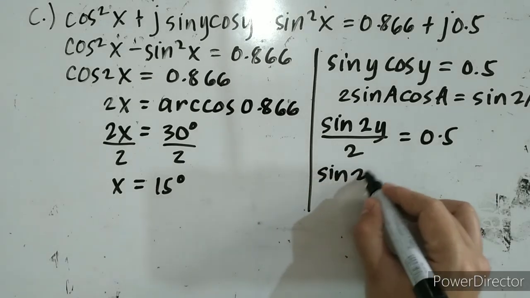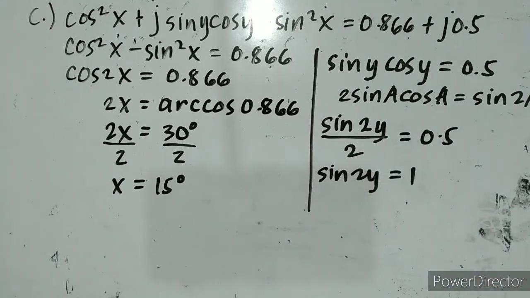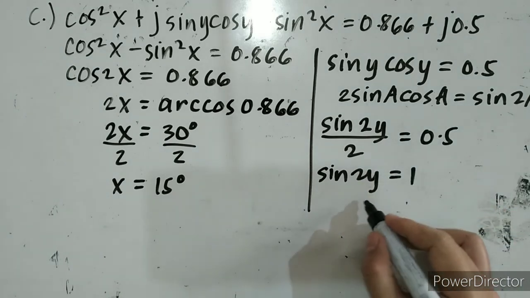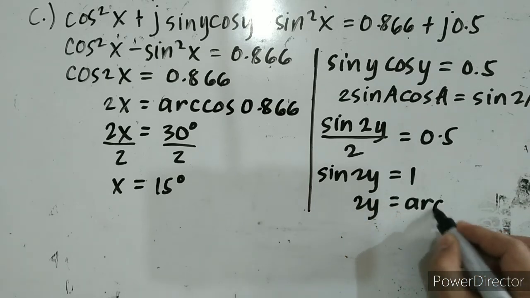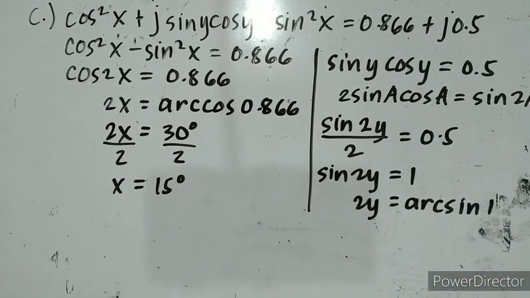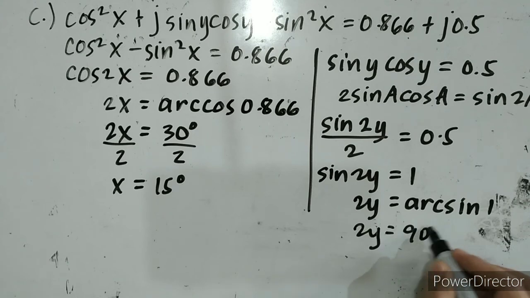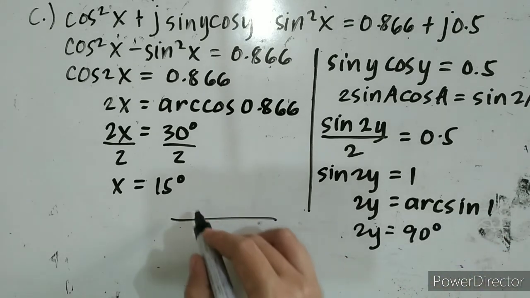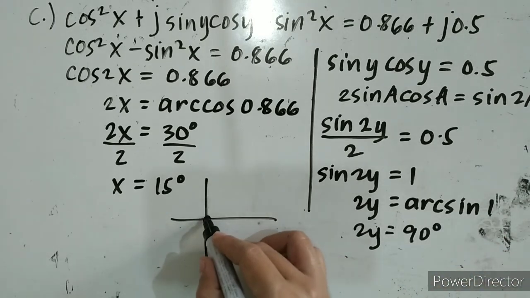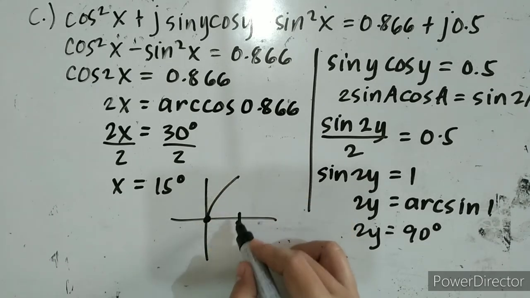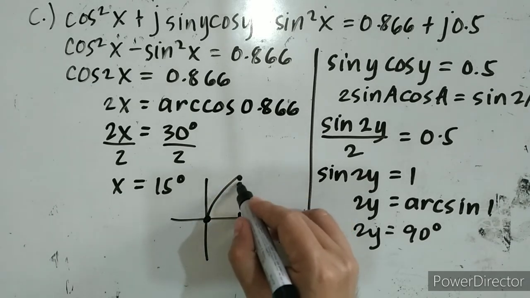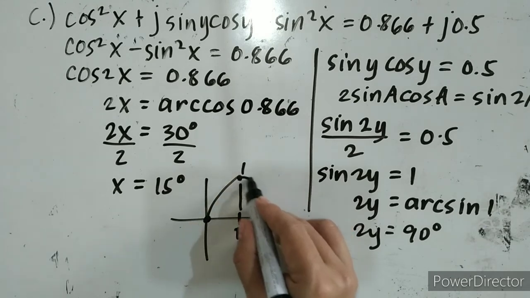We have sine of 2y is equal to 1. And 2y is equal to arc sine of 1. We recall that arc sine of 1 is 90 degrees because at the angle 90 degrees, remember, sine starts at 0, and at 90 degrees or pi, the value of our sine is 1, and then it goes down again.